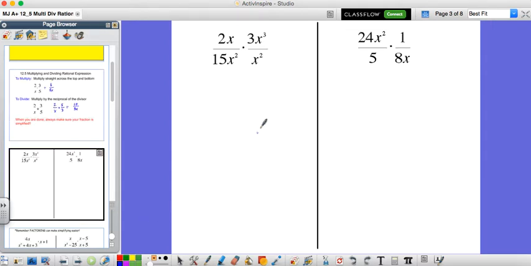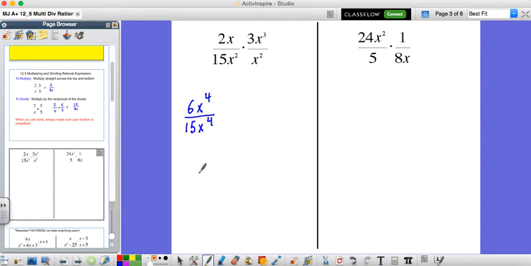So let's see how this works. If we're multiplying the numerator by the other numerator and the denominator by the other denominator, if we have 2x over 15x squared times 3x cubed divided by x squared, what we can do is we say 2 times 3 is 6, x times x cubed is x to the 4th, divided by 15, x to the 4th.